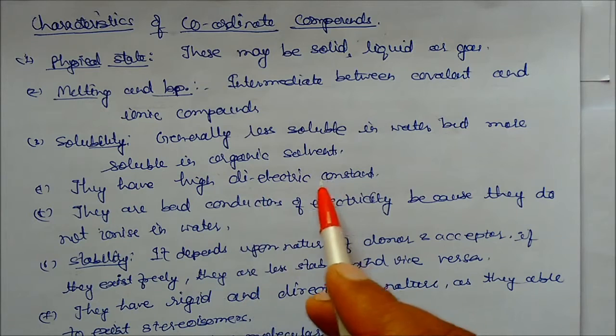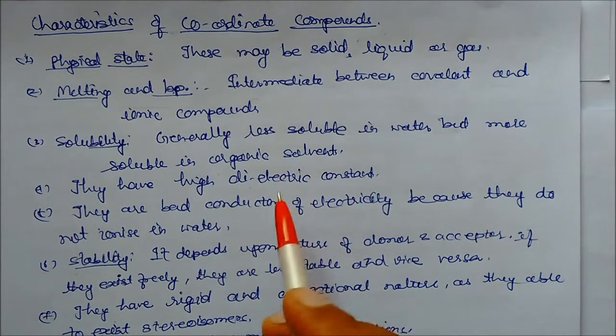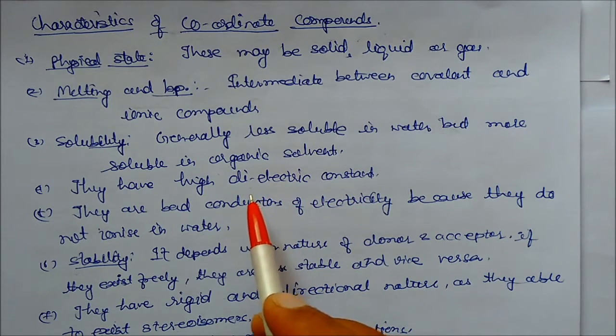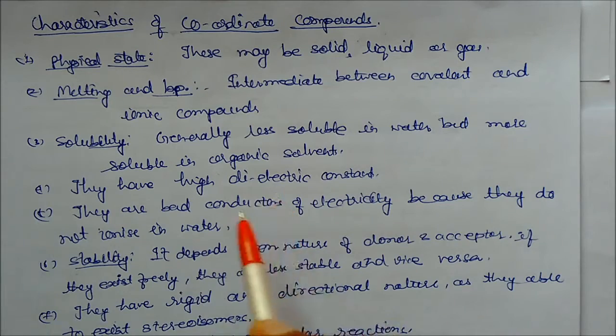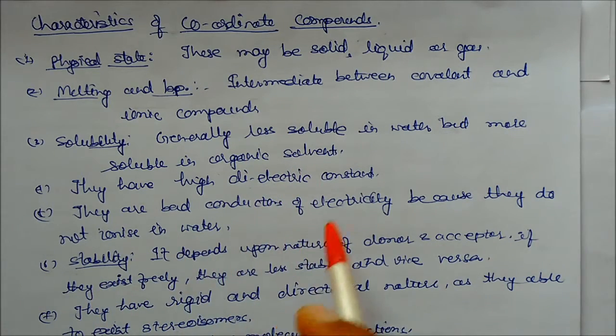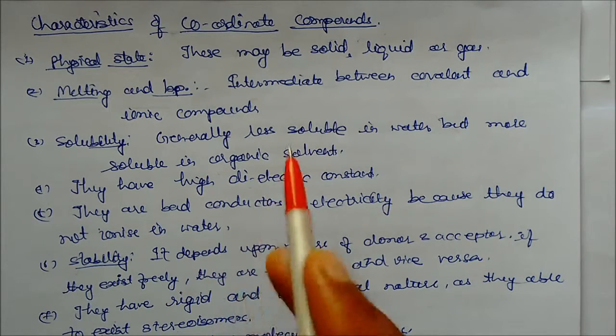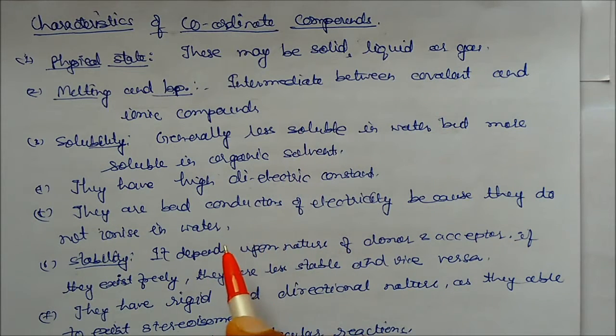We already explained dielectric constant is a property in which the type of solvent can weaken the electrostatic force of attraction, and they can separate the molecule. They are bad conductors of electricity because they do not ionize. Their covalent bonds are so strong that they cannot be ionized, so they are bad conductors of electricity.